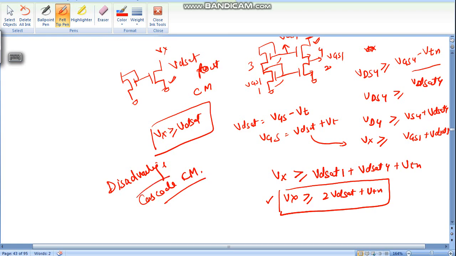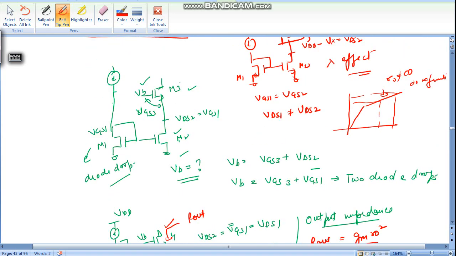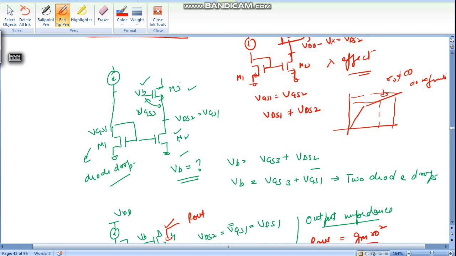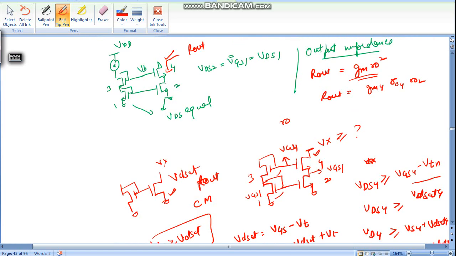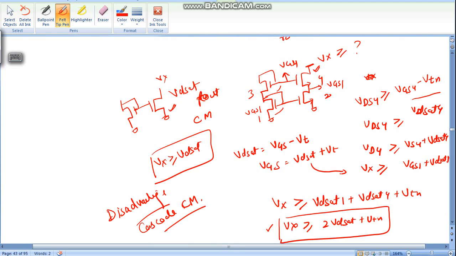We have seen that in the cascode current mirror we are able to remove the lambda effect, make VDS for the current mirrors equal, and the output impedance is high compared to the simple current mirror, but the minimum required voltage is higher.